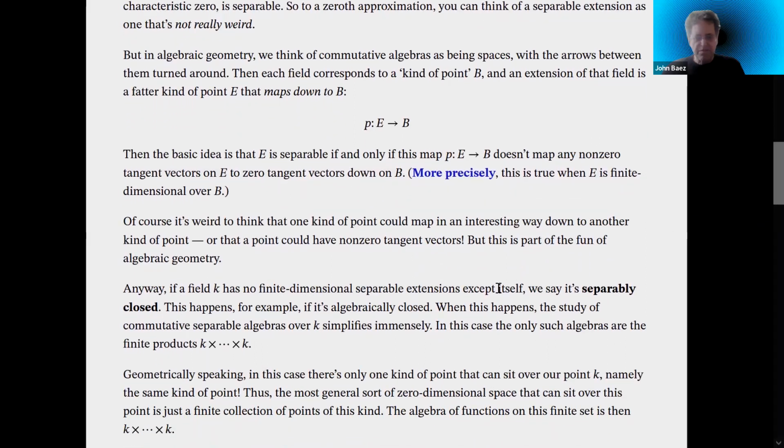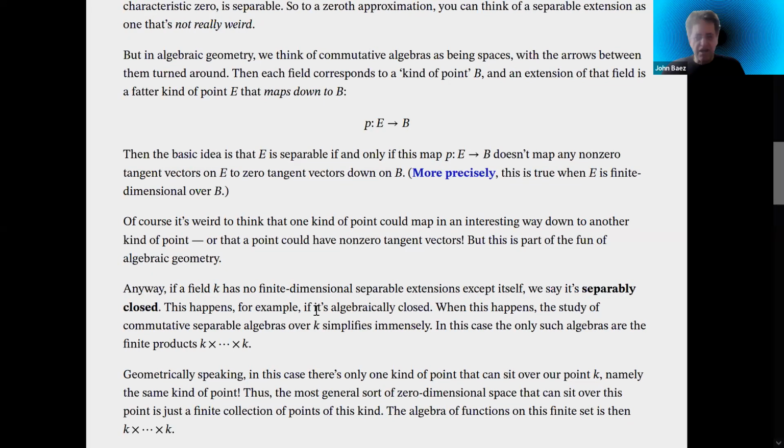So there's this boring special case, but still not completely boring, which is when you start out with a field that's separably closed. So it has no finite-dimensional separable extensions except itself. That implies it's its own separable closure. That's a thing that people talk about.